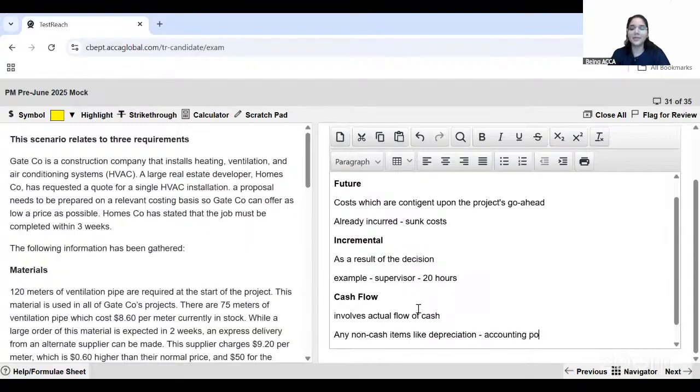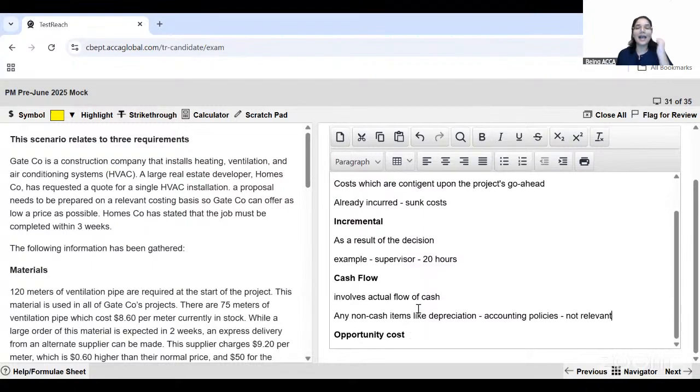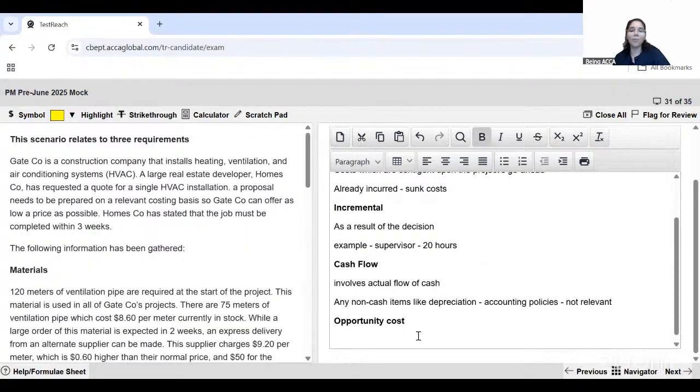This happens because of the result of the accounting policies, so they are not considered to be relevant. If there is actual inflow or outflow of money, only then it's considered to be relevant. If there is no actual money going in or money going out, we do not consider it to be a relevant cost.